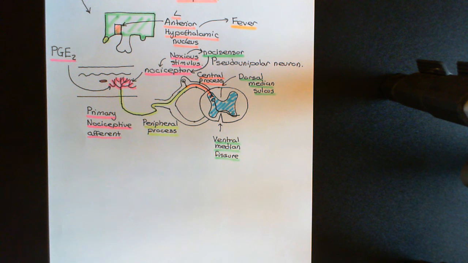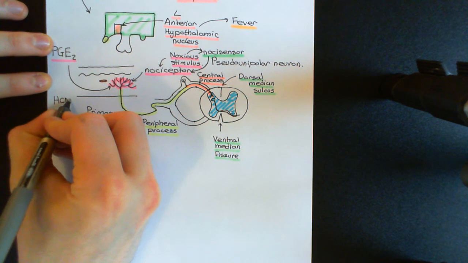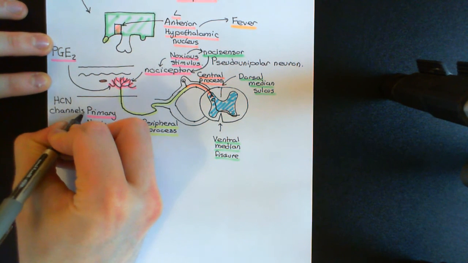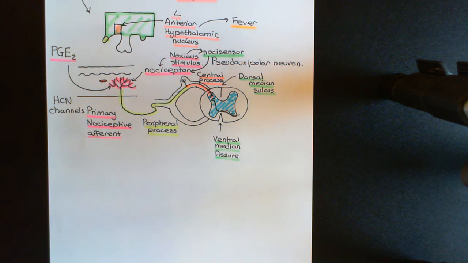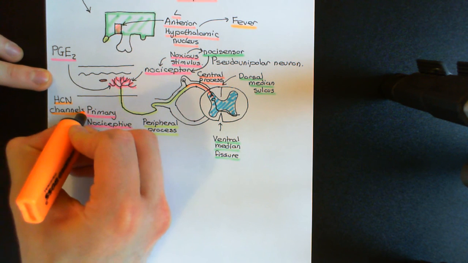In the sinoatrial node cells of the heart, which you will know continually generate electrical signals on a rhythmic basis, there are special channels known as HCN channels. So HCN channels are the special channels in the cells of the sinoatrial node of the heart, and these are involved in creating rhythmic electrical activity, creating action potentials on a rhythmic basis.